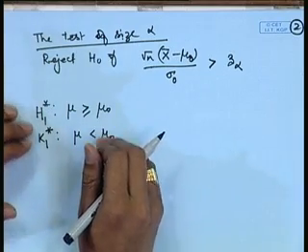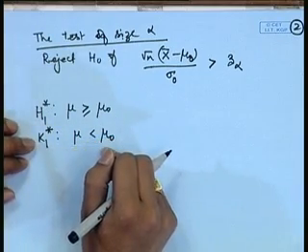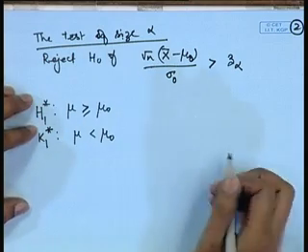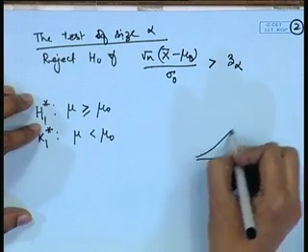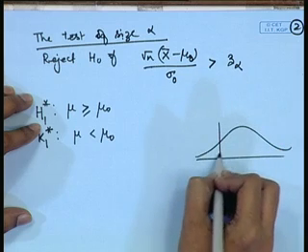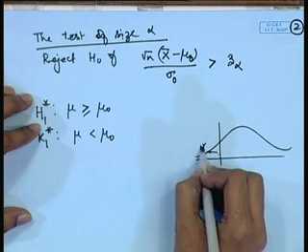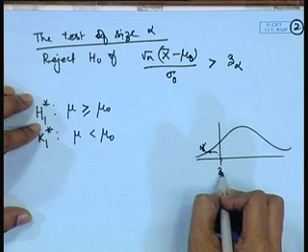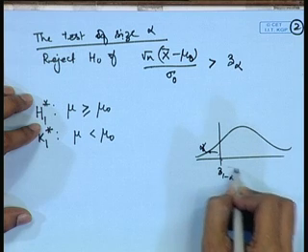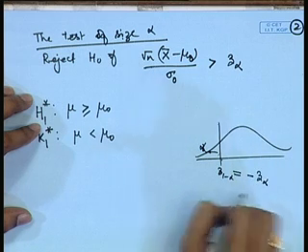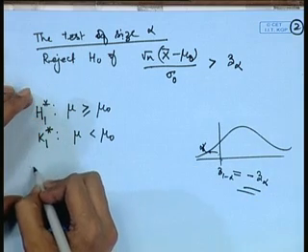So, you will be actually rejecting for smaller values of x bar, and when the size alpha is fixed, then the point that you will be getting here, this probability will become alpha. So, this point will be z of 1 minus alpha, but in the normal distribution z of 1 minus alpha is equal to minus z alpha.